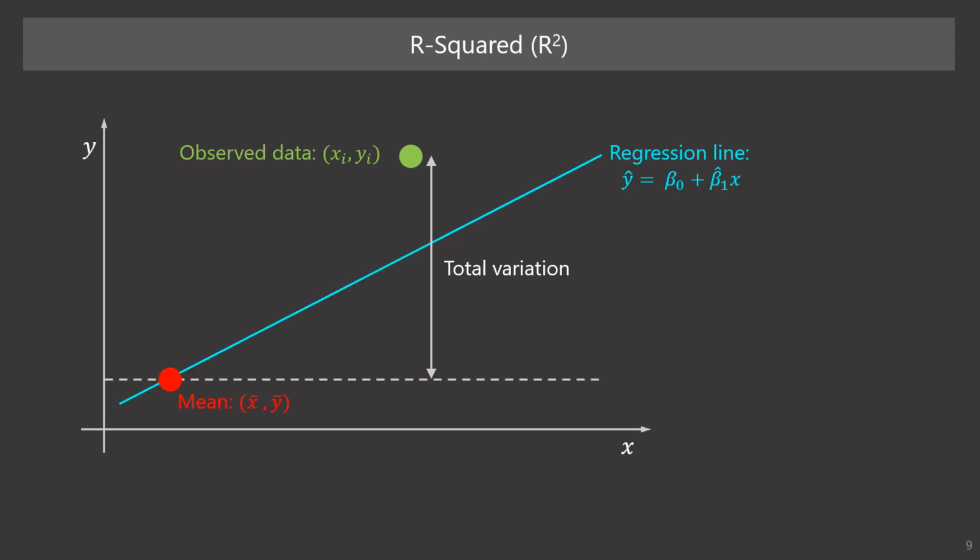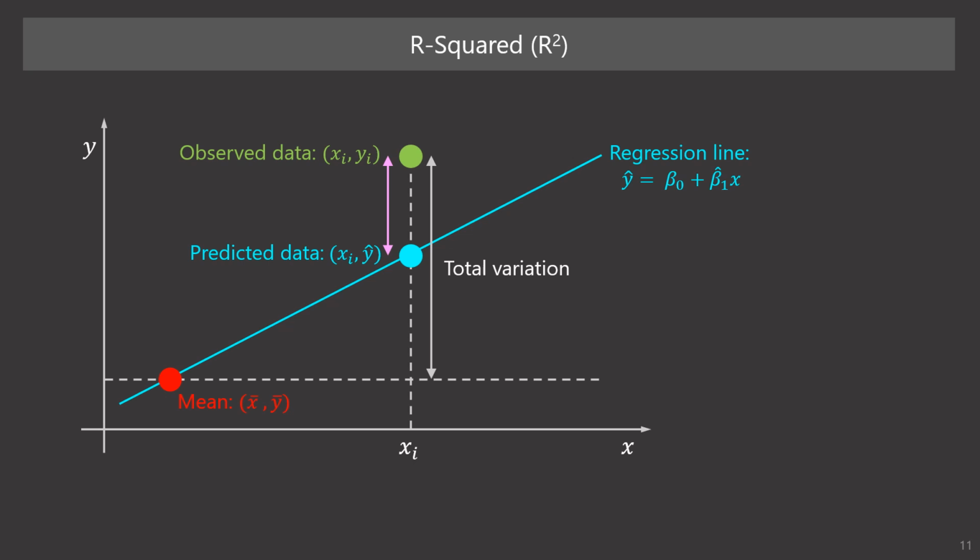Suppose we have a regression model that can be depicted by this blue straight line. When x equals xi, the y value predicted by the regression equation and the predicted data point should be on the regression line. The predicted y value is y hat.